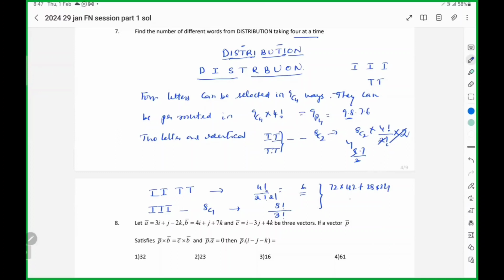Plus this 4 factorial by 2 factorial by 2 factorial, 6. Again, from 8 we select 1 and the remaining 4 letters we can arrange. So whatever we get here.